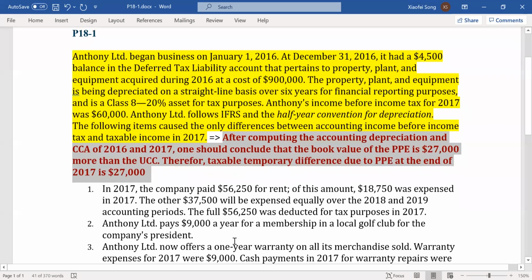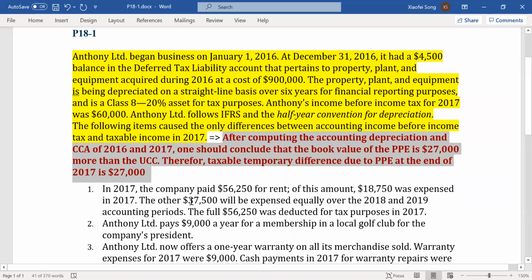Now we move on. In 2017, the company paid $56,250 for rent. Of this amount, $18,750 was expensed in 2017.